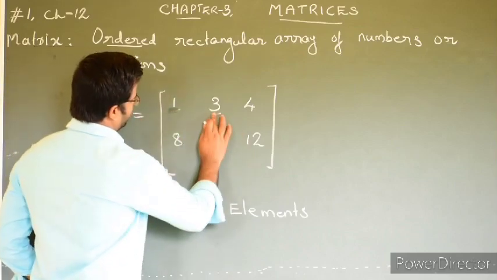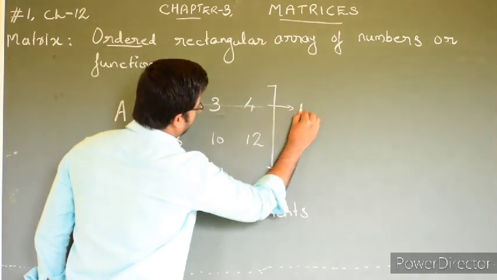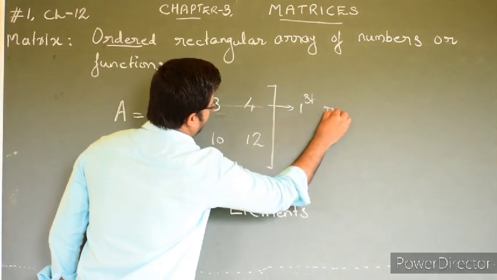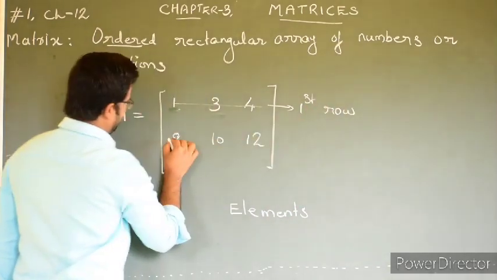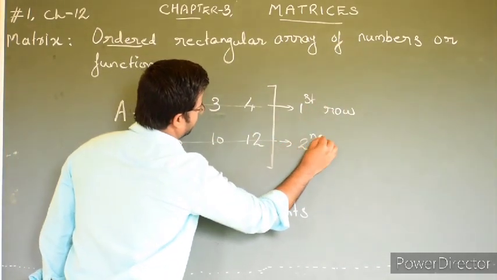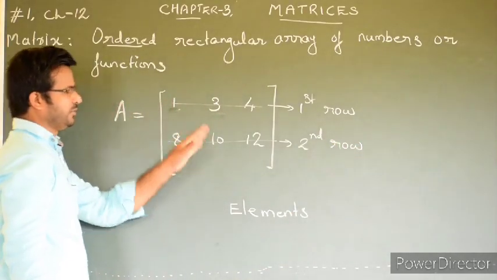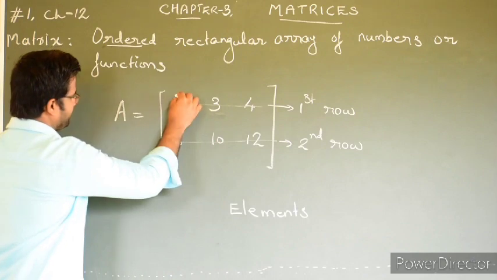Then you can see here, this is the first row, and this one is the second row. In this matrix, 2 rows are there.